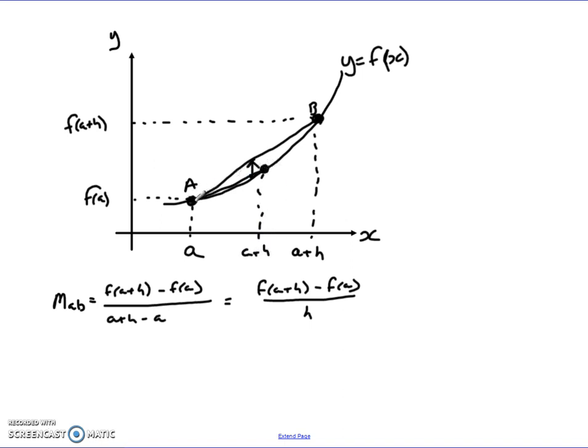The gradient of this line here would be different from the gradient there, but it would be a much closer estimation. If I wanted to keep improving this and keep getting closer and closer, the ideal scenario would be that the value of h would go closer to 0, i.e. we'd get nothing in terms of what we're adding, so we would be able to get a much better gradient.